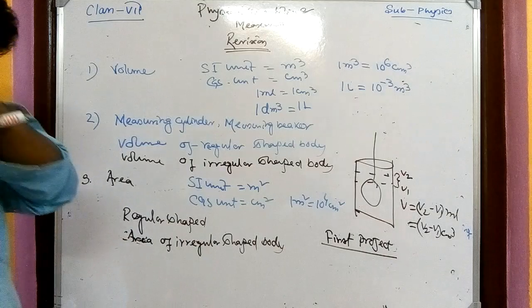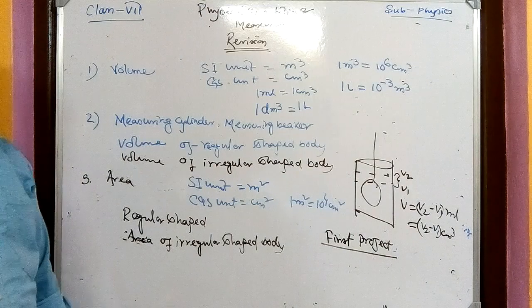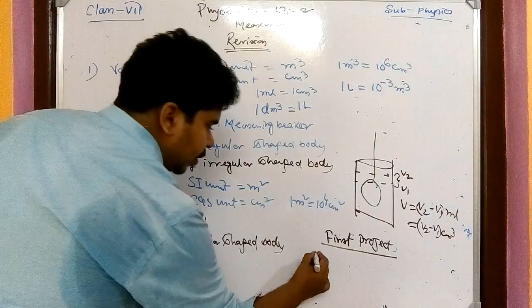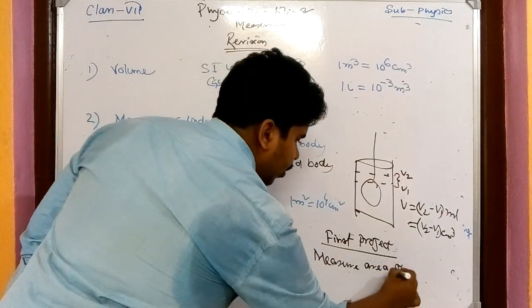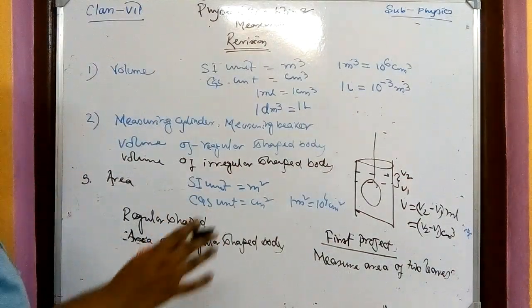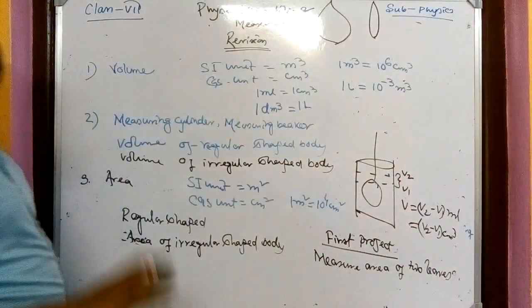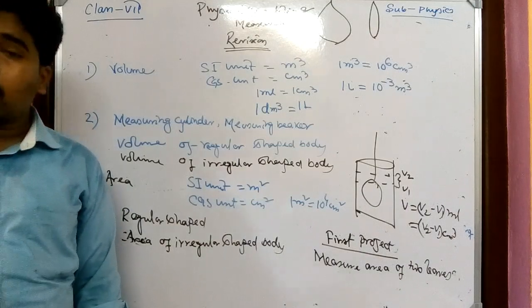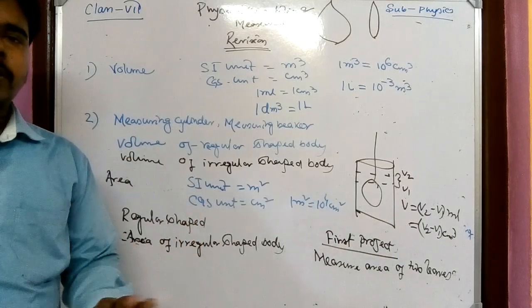You can take a graph paper, whatever graph paper you are having. It may be millimeter, it may be centimeter, it may be inch. So take a graph paper and measure the area of two leaves, two different kinds of leaves. One leaf may be like this and another leaf may be like this. If you are having graph paper. I'm not telling that if you are not having graph paper, go to the market and buy now. No, you should stay at your home.